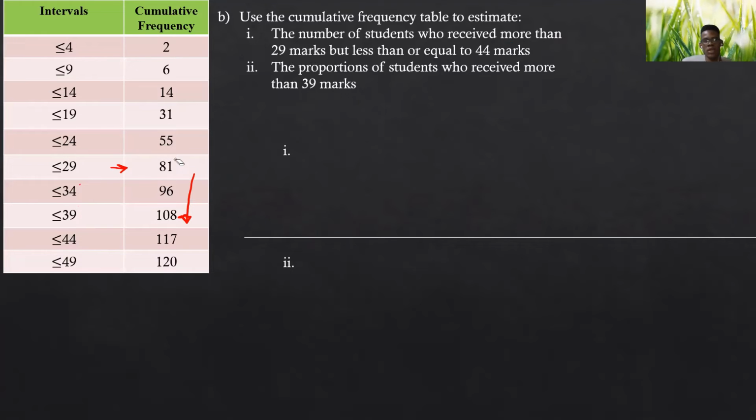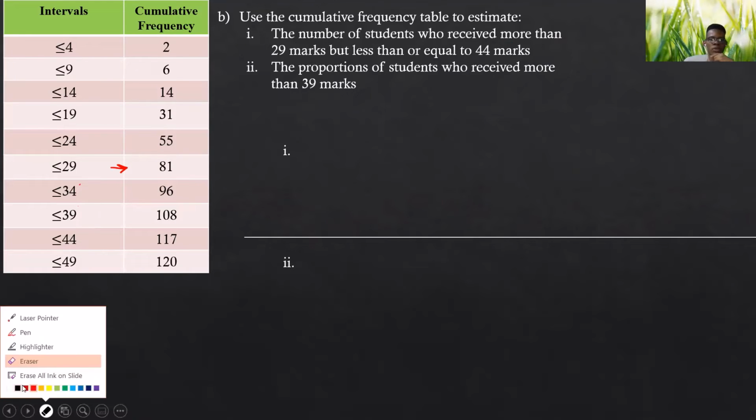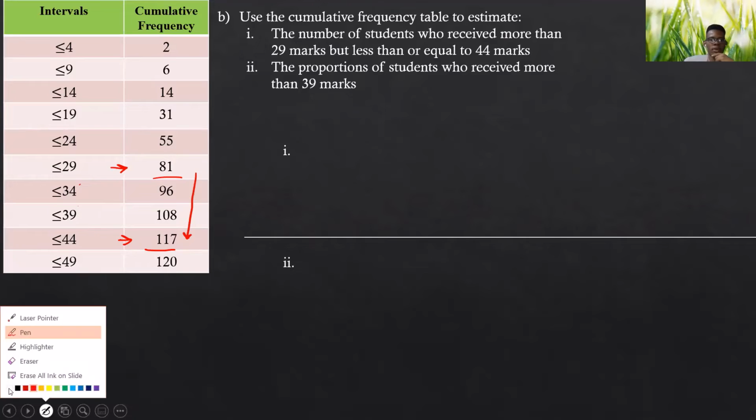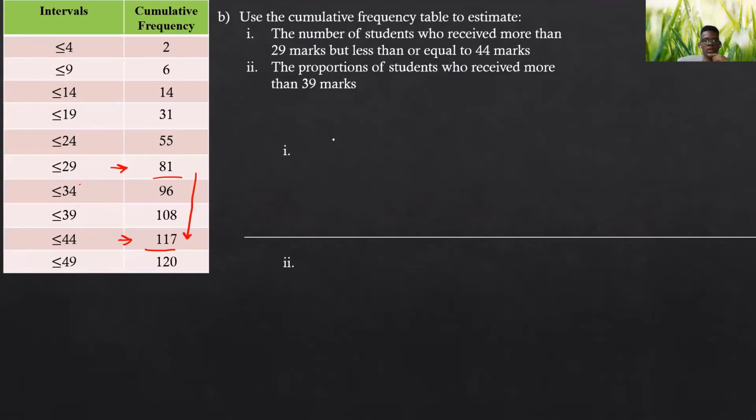So find 29 and go down, but less than 44. So you're not going to go straight down to the bottom, which is your total frequency. You're going to come down to 44, and you subtract the cumulative frequency for 29.